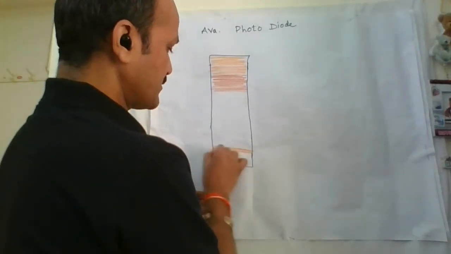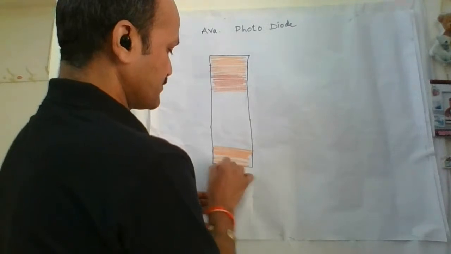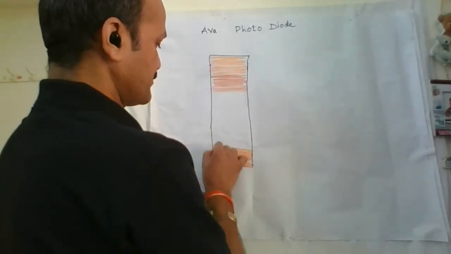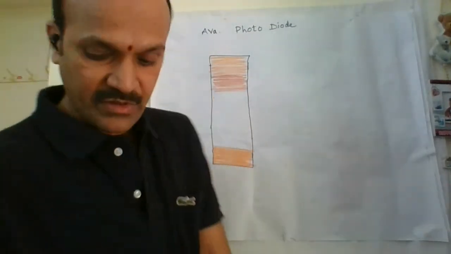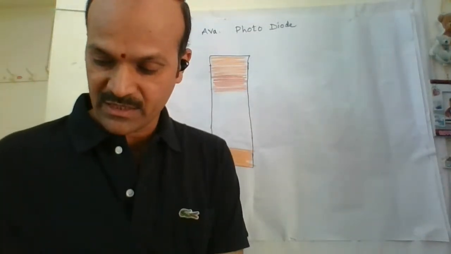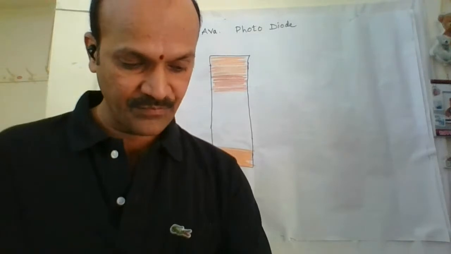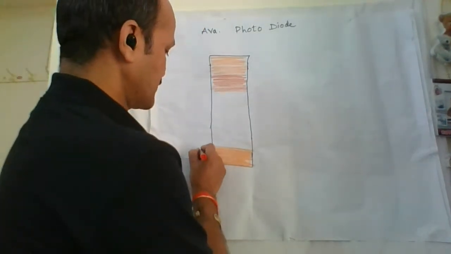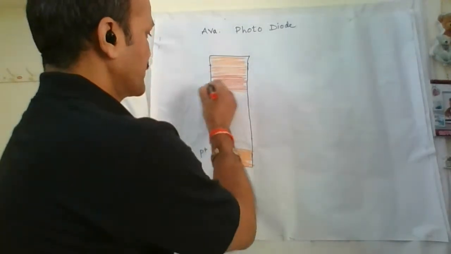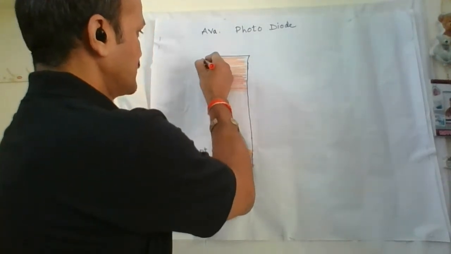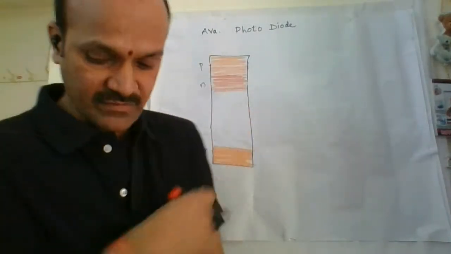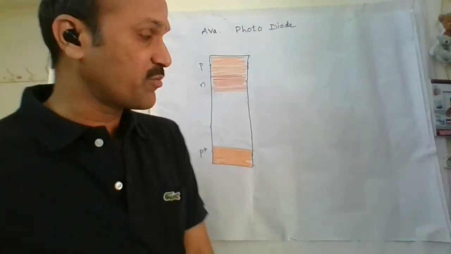And in the previous diagram I have shown it here. This is plus, this is N. I have drawn it in the opposite direction, anyway, no problem.